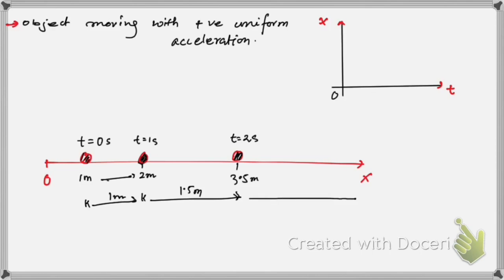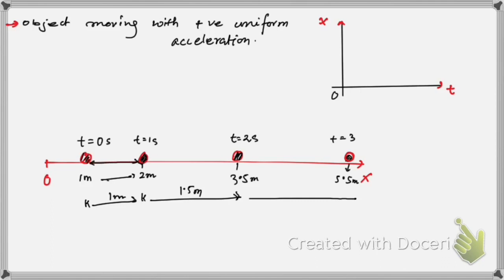In the next 1 second, when t is equal to 3 seconds, the object is at this position, which is suppose 5.5 meters.